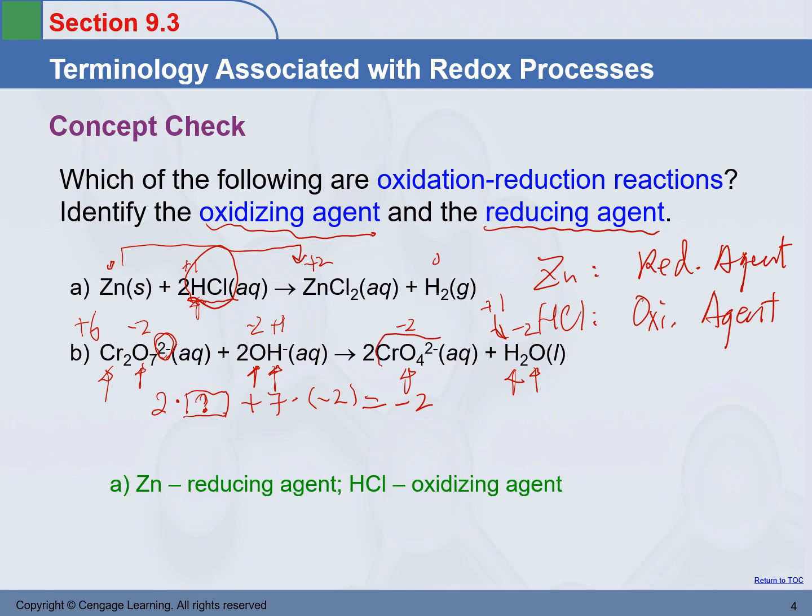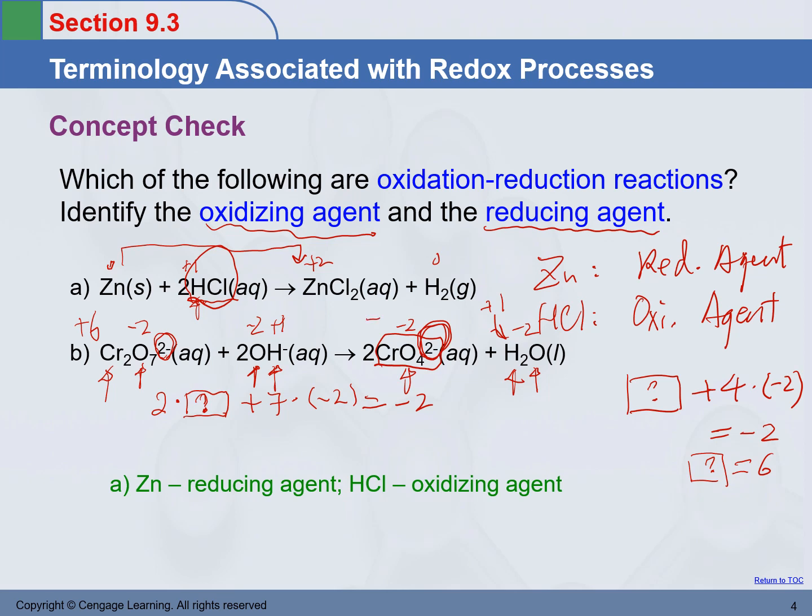Let's do the same thing here. What do we have here? We have the oxidation number of chromium after the reaction. We don't know what it is, plus we have 4 oxygen. Each one is -2. All added together is going to equal the charge of the polyatomic ion, which is -2 again. If you solve this equation, you're going to realize that the oxidation number of chromium is +6 again.